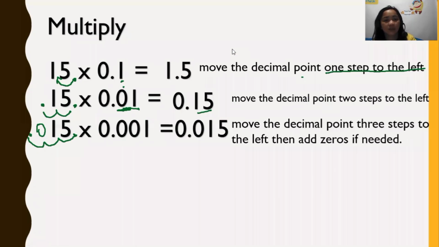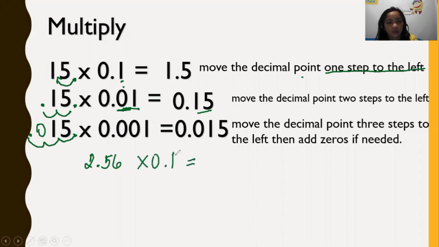Let's have another example. 2 and 5600ths times 1/10. So, ito yung decimal point mo. Pag 1/10 yan, move 1 place to the left. So, mapunta na sa unahan nito yung decimal point.